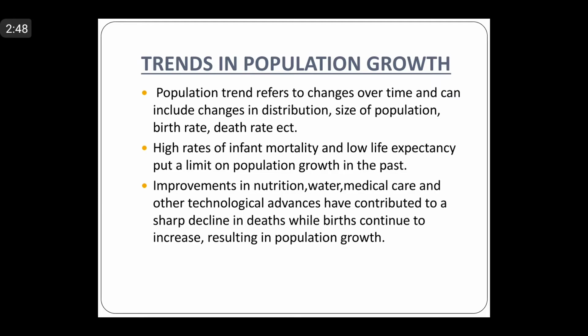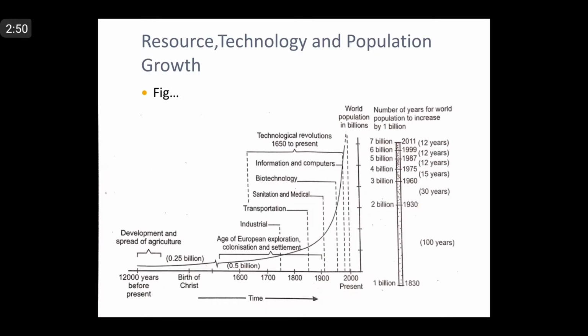Now this is one of the figures which you can see. With the help of this figure, I would like to explain the trends in population and the resources, how the resource technology and population growth has taken place. I mean the development of the technology and utilization of the resources, and these two have helped the population growth.